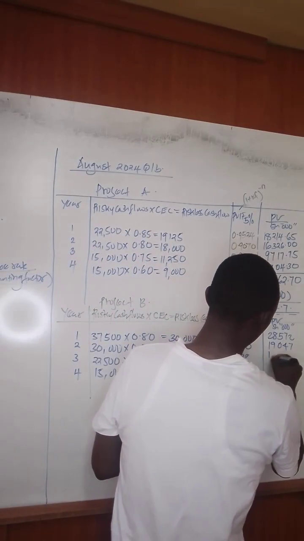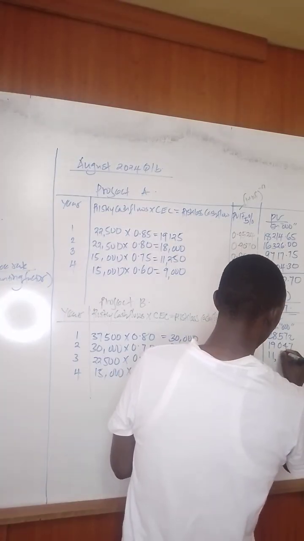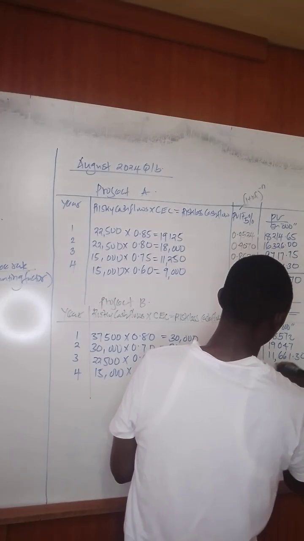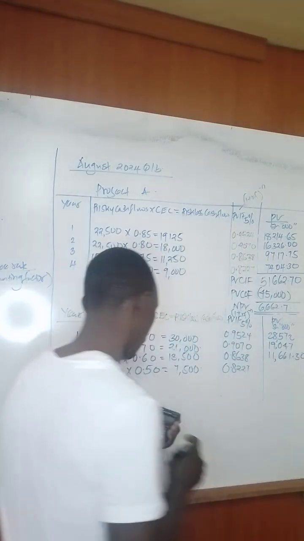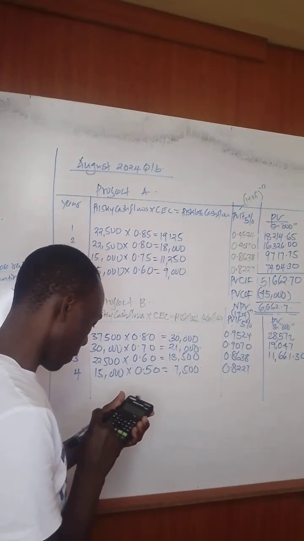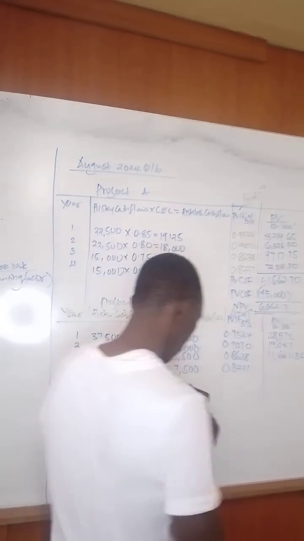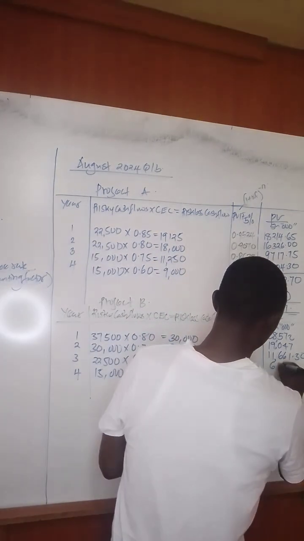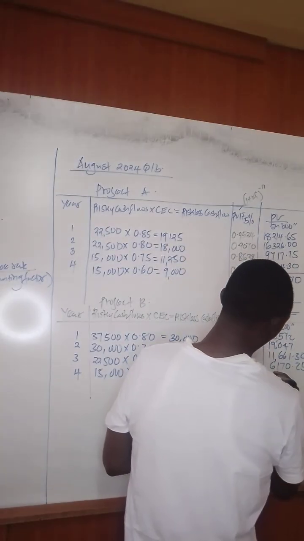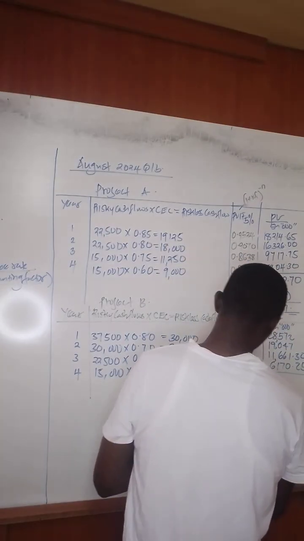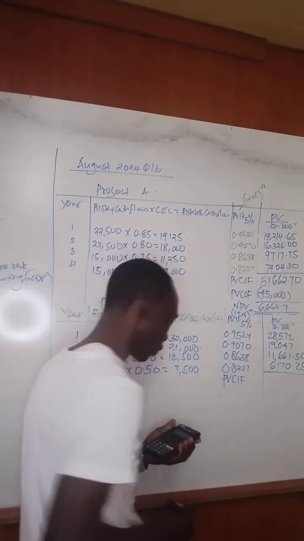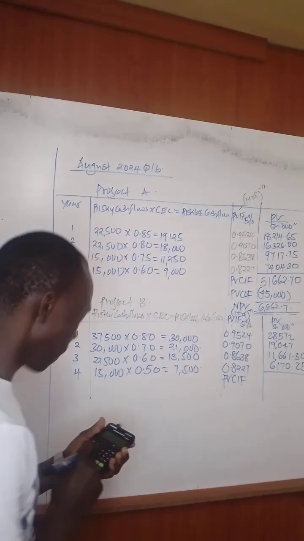The third one will give us 11,661.30. And finally, we will get 6,170.25. Then let us sum up for us to get the total present value of cash inflow.